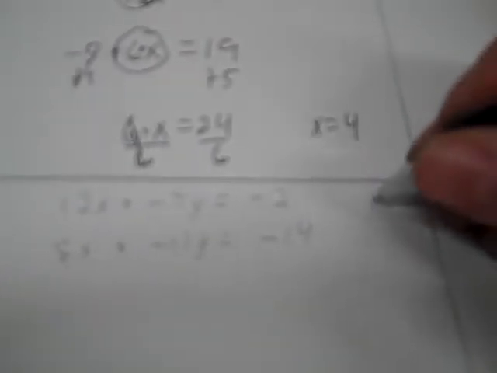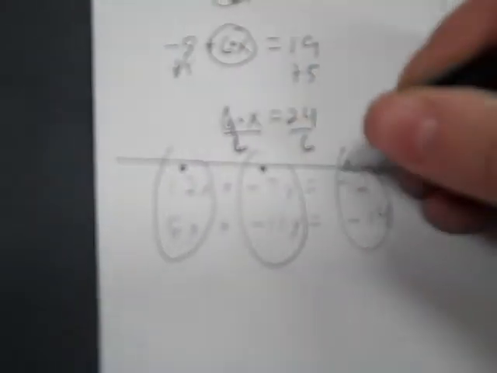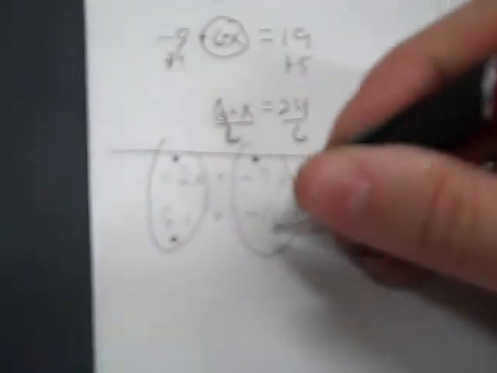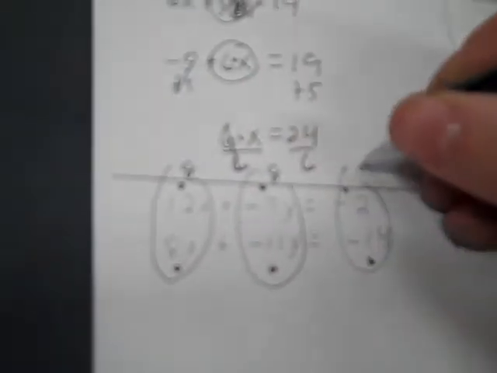Okay, the next one. I look at that, I do not see a base, so no base. So circle, circle, circle. These aren't the same and these aren't the same. So again, we're going to have to do the dot, dot, dot. What's the bottom number I have here? 8. So 8, 8, 8.